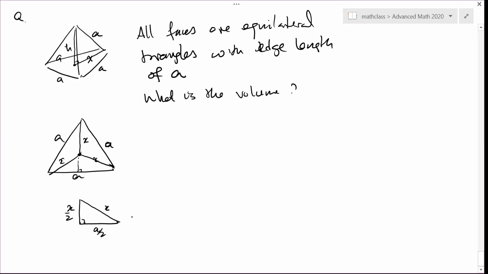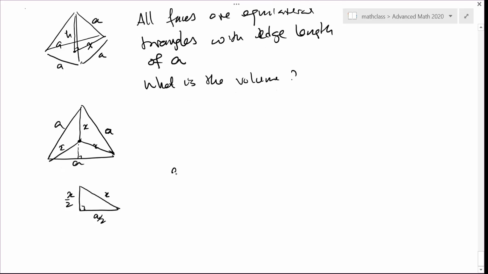Then using the Pythagorean theorem, half of a should be equal to square root 3 over 2 x, because it's a 30 degree, so it's a ratio. So from here you can get 1 over square root 3 a. Right, so that is x.